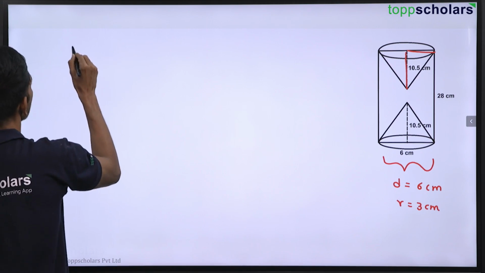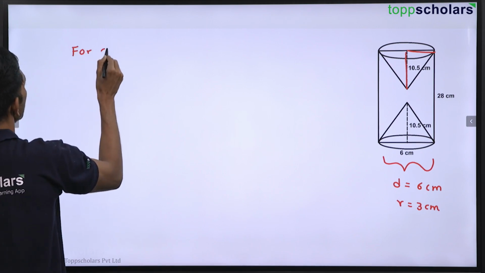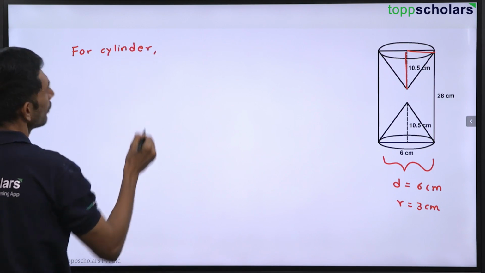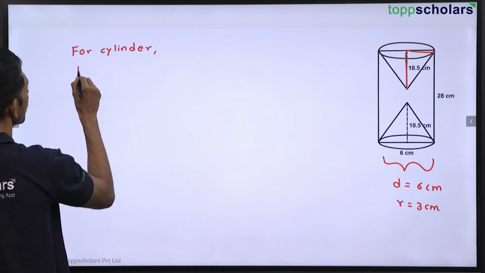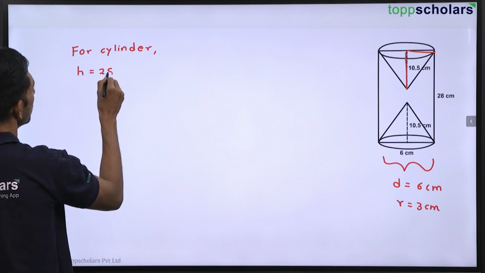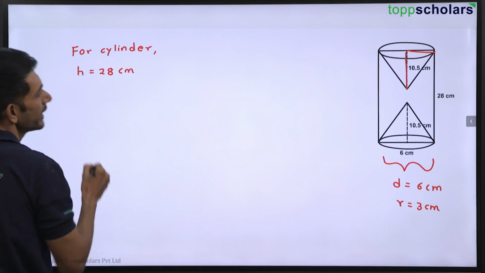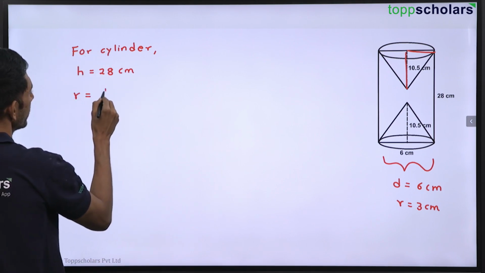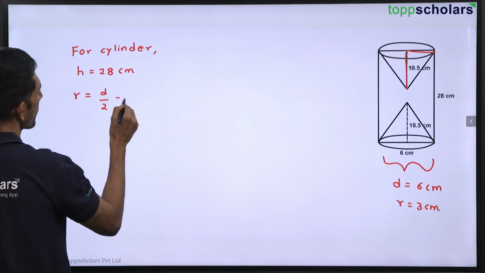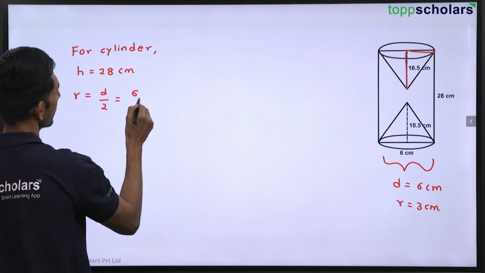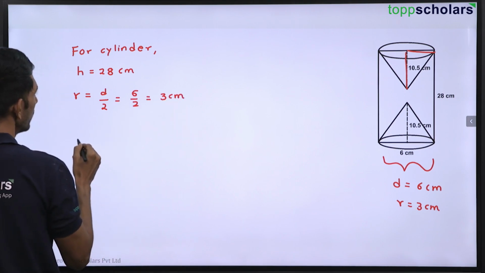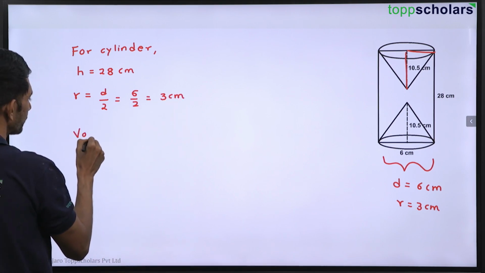So for cylinder, what is the height? Height is 28 centimeter. What is the radius? Radius is diameter divided by 2, that is 6 divided by 2, equal to 3 centimeter. So what will be the volume?